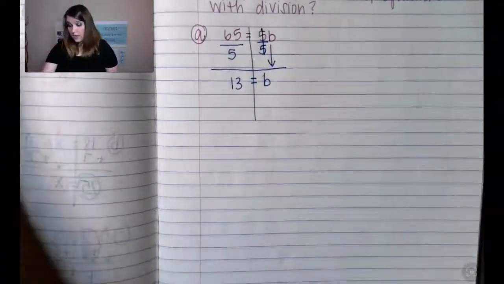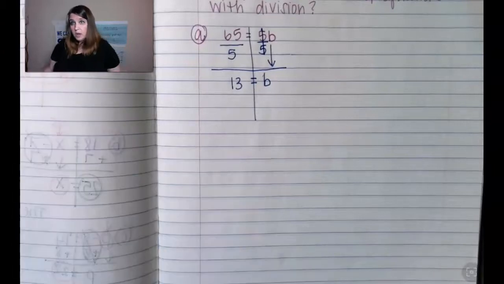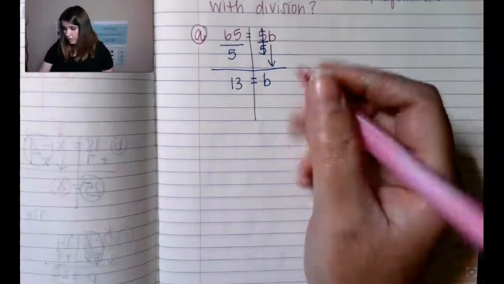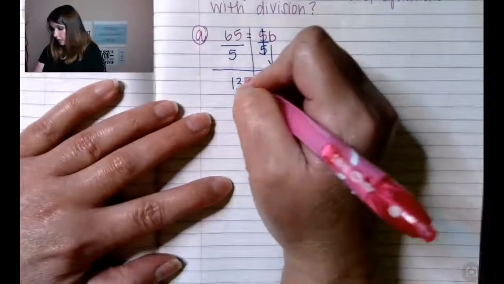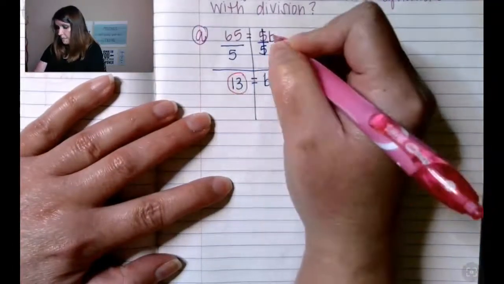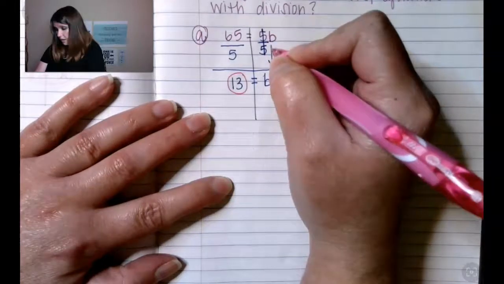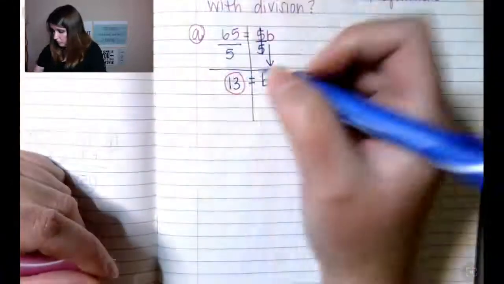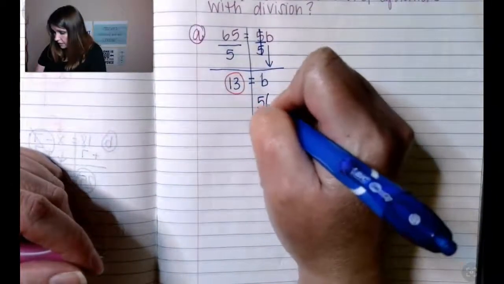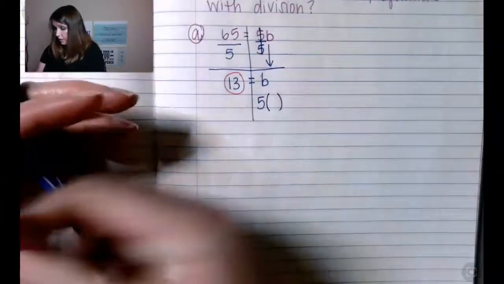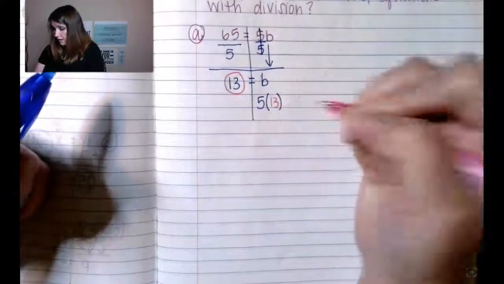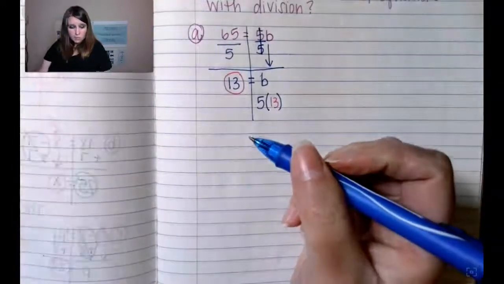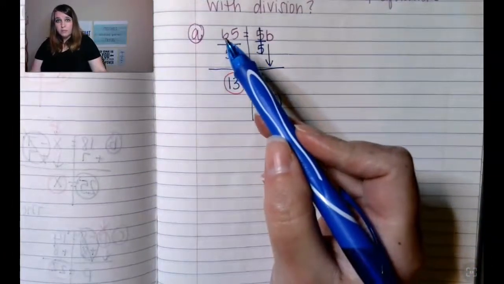So what I'm going to do now is check and see with the solution. I'm going to take this 13 and put it right here for b. So I'm going to say 5 times 13, because 13 is the number that I found, and I want to see if it really truly does equal 65.